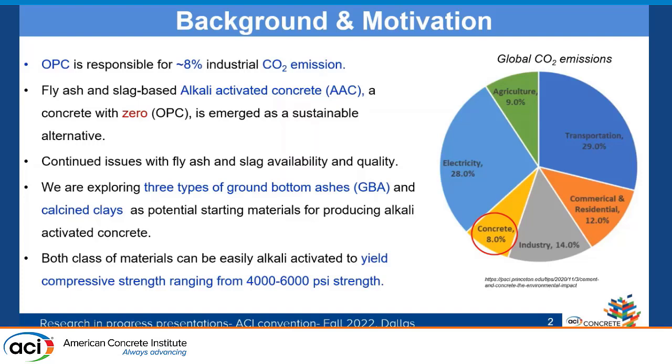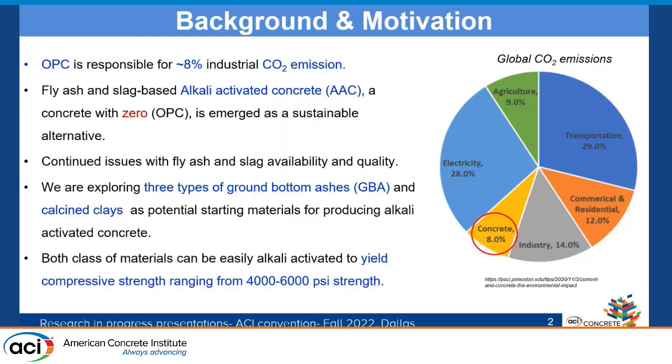So as we all know, OPC is responsible for around 8% of the industrial CO2 emissions. In order to address this sustainability issue, many researchers have developed new suggestions. One of them is fly ash and slag based alkali-activated concrete, which is a zero OPC concrete system.